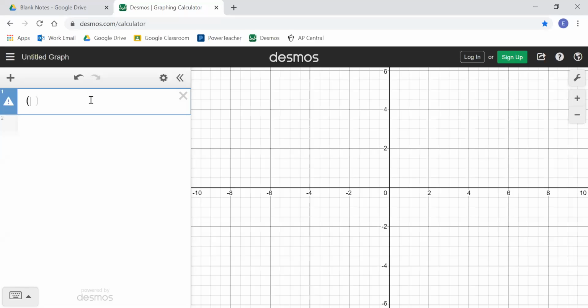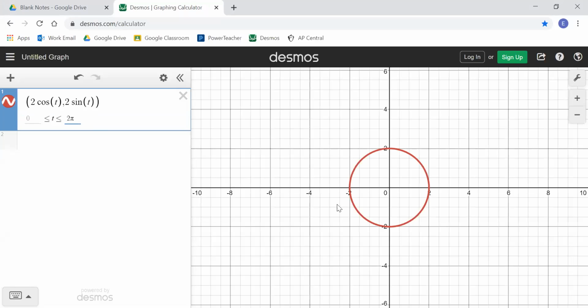Put the x coordinate and the y coordinate in parentheses as if they were an ordered pair. So 2 cosine t, 2 sine t. And as soon as you do that, it's going to put in a range for the t values that you want. So we want 0 to 2 pi. We can see that that's going to be a circle. Okay. Everyone good there?